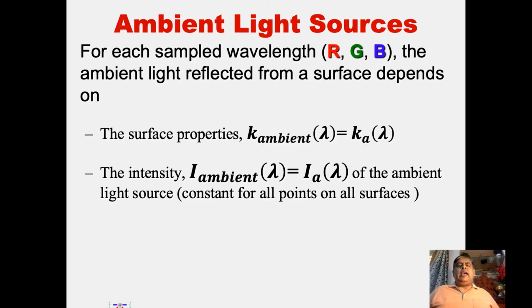The intensity of the ambient light, which is again wavelength dependent, generally would be the sunlight, or if it is illuminated at night using artificial lights, it will have a different property, and we will call this Ia lambda of the ambient light source, constant for all points on all surfaces.